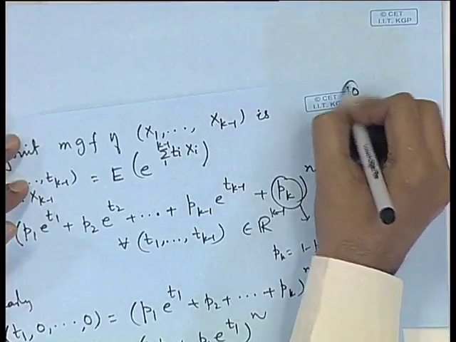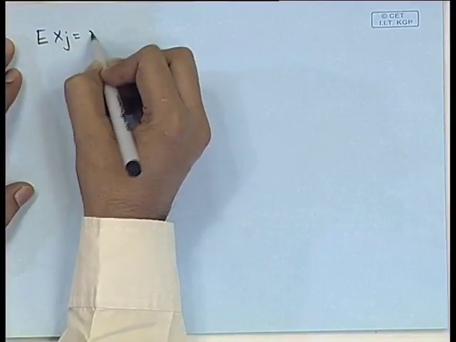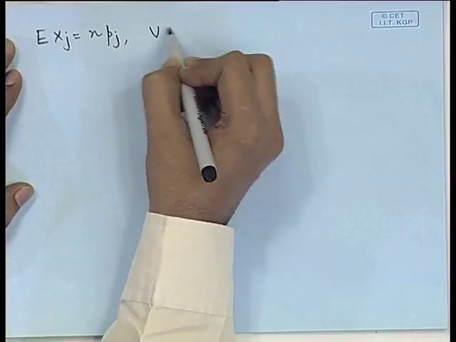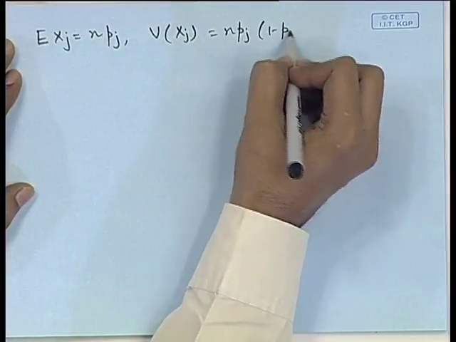In particular, we can talk about expectations. So, naturally expectation of x j will be n p j, variance of x j will be n p j (1 minus p j).